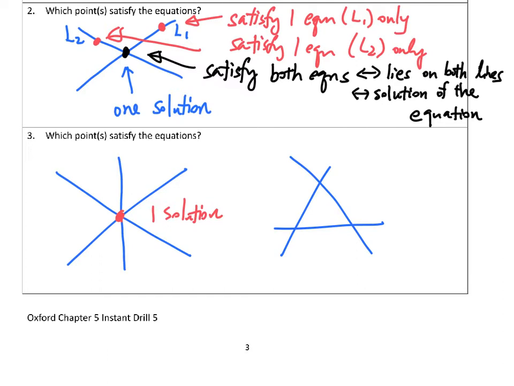So in this case, no point can satisfy all the equations, then we say that in this case we have no solution.